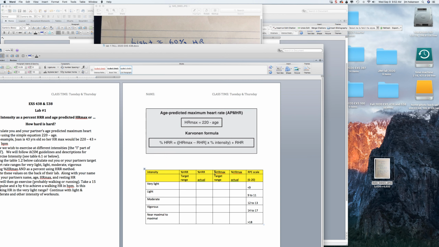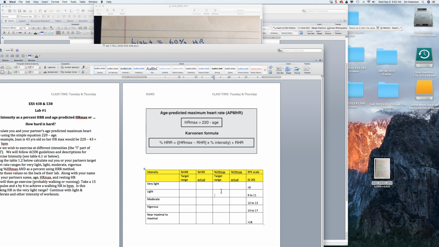Under percent heart rate max, you would then type in what the predicted would be for your age at light, moderate, and vigorous. And if you want to do very light or near max, you can as well. Then let's see how close the actual was to this target zone.